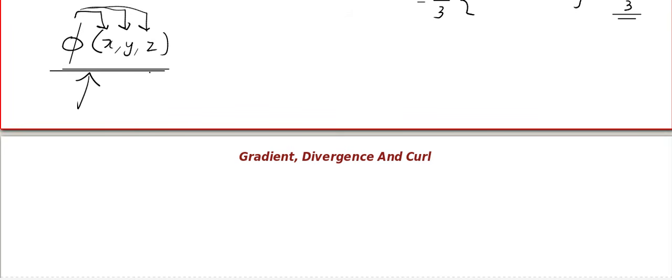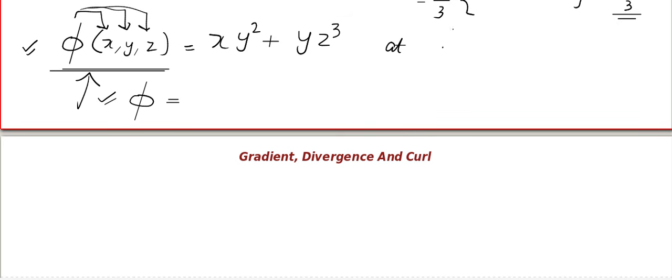If you don't like this notation, in examination you can simply call it phi is equal to. So the function is x y squared plus y z cube. I saw this same question being repeated many times at the point, but the point was different in different question papers. In the direction of i plus 2j plus 2k.